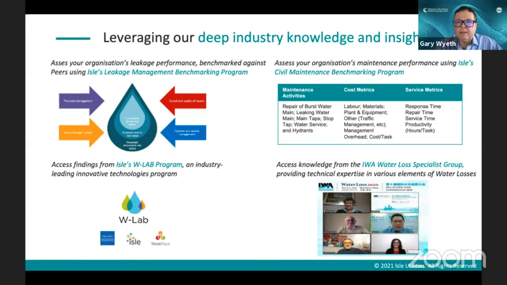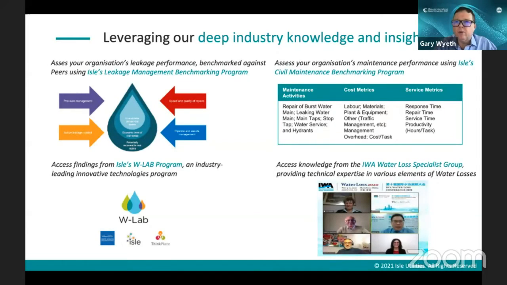It's useful for IOL to be able to recommend some of those technologies if we feel they would help manage non-revenue water in the SLMP.